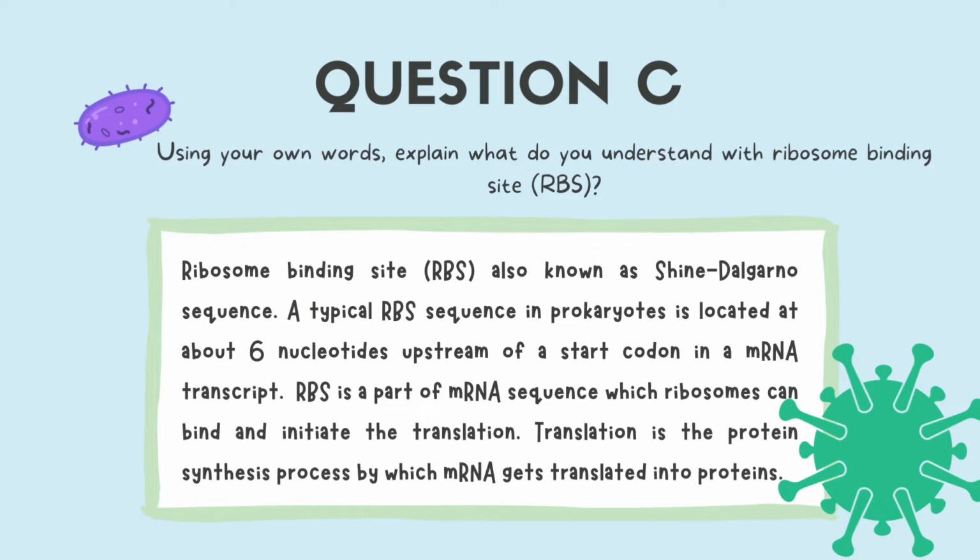A typical RBS sequence in prokaryotes is located about 6 nucleotides upstream of a start codon in an mRNA transcript. RBS is a part of the mRNA sequence which the ribosome can bind to and initiate translation. Translation is the protein synthesis process by which mRNA gets translated into proteins.